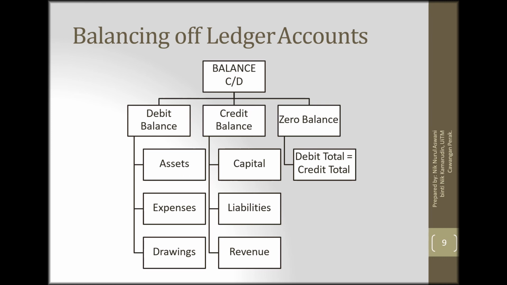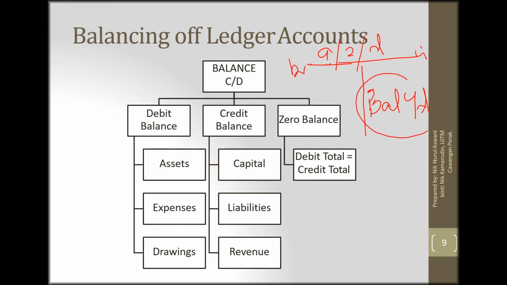Meaning that in your account, for asset, expense, and drawing, you will have the balance c/d on the credit side. This is the credit side, this is the debit side, but this is what we call a debit balance.